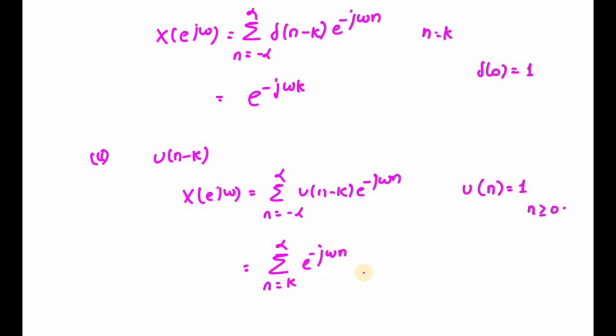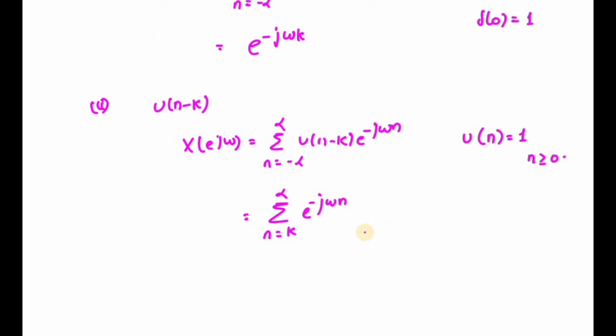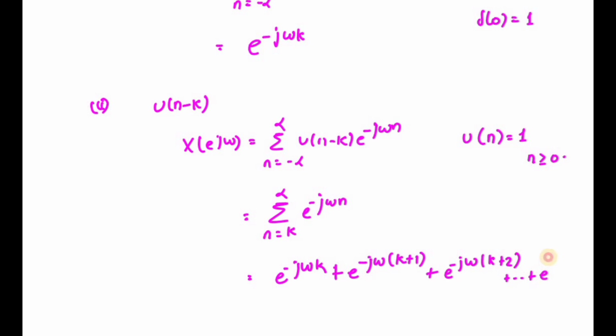So you have to substitute like this only. If I expand this, it becomes e power minus j omega k plus e power minus j omega (k plus 1) plus e power minus j omega (k plus 2) plus up to e power minus j omega infinity.